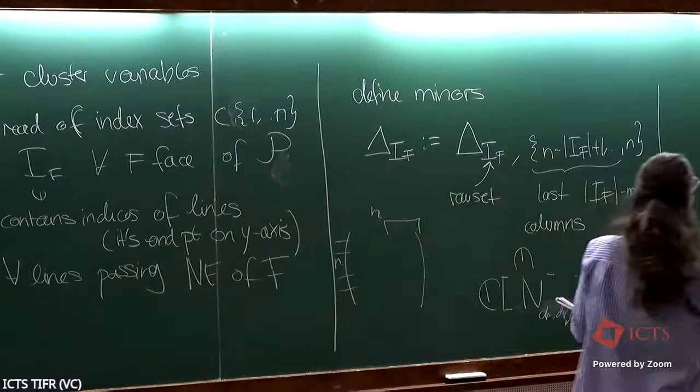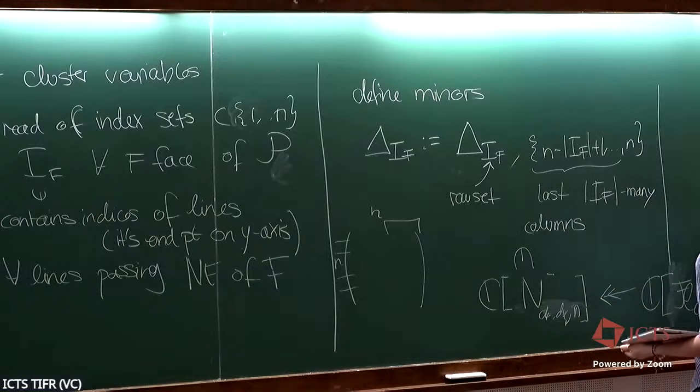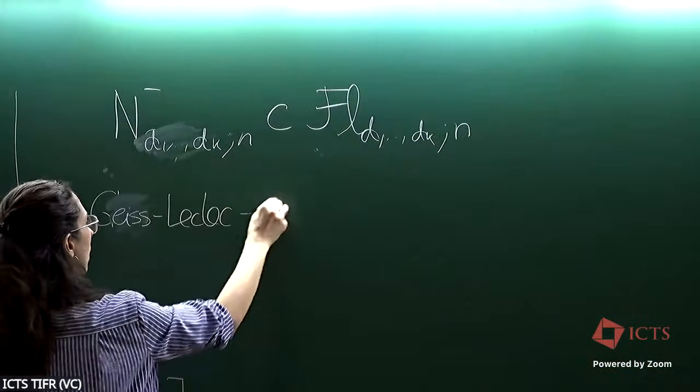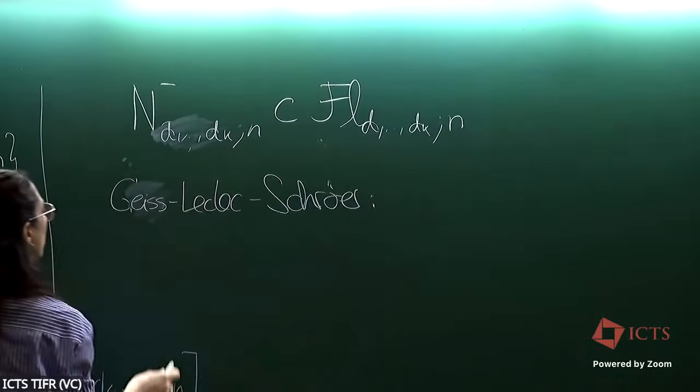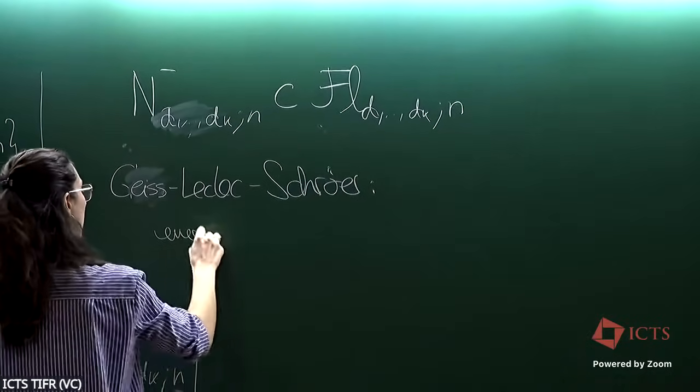So let me write this down. This is Geiss, Leclerc, Schröer. But yeah, it's actually not hard to see this, but still. Every minor.